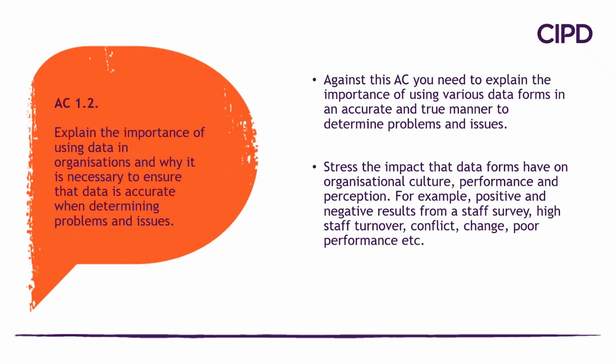Stress the impact that data forms have on organisational culture, performance and perception. We have good data that is positive and really enhances engagement, but also negative data that sometimes can cause stress or some form of negative outcomes or responses.